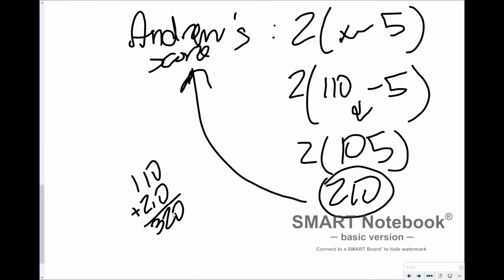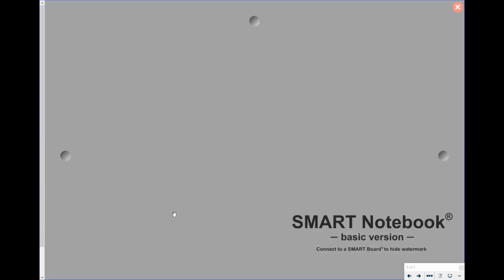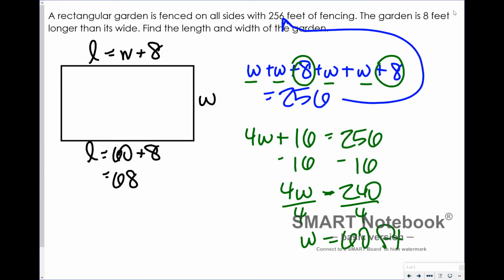Now, I have one more equation word problem, but I'm just going to let you guys copy it down here. Just copy all of this down that I have here.